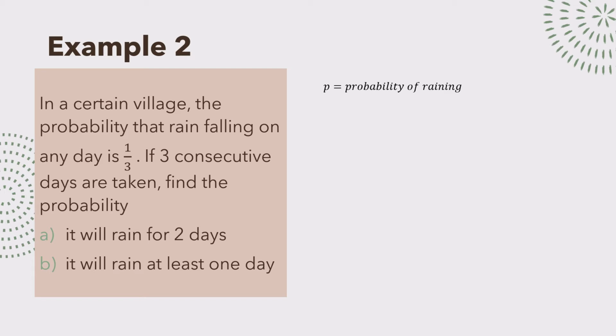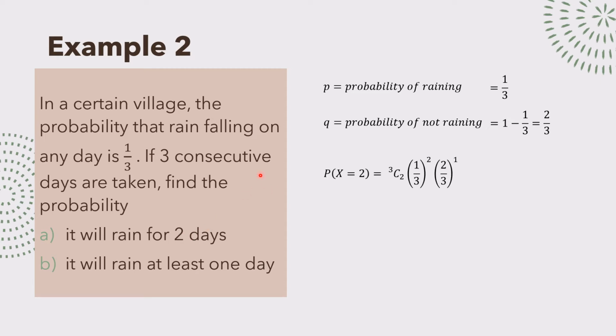The probability of success is the probability of raining, and failure is not raining. So the probability of rain falling is 1 over 3, and not raining is 1 minus 1 over 3, which is 2 over 3.